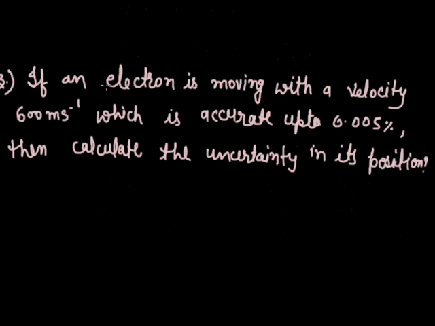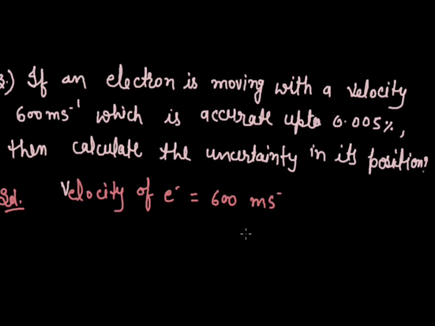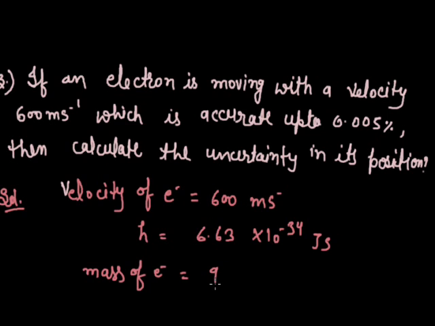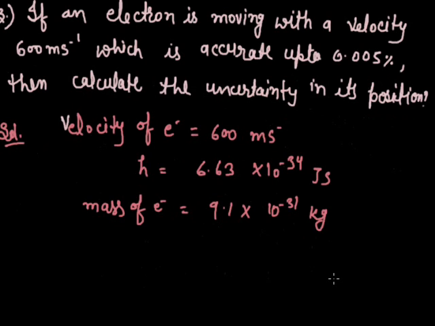The values given: velocity of electron is 600 meters second inverse, and we know the value of h is 6.63 into 10 to the power minus 34, and the mass of electron is 9.1 into 10 to the power minus 31 kilogram. Now in this question, the velocity of electron is given, which is 600 meter second inverse.